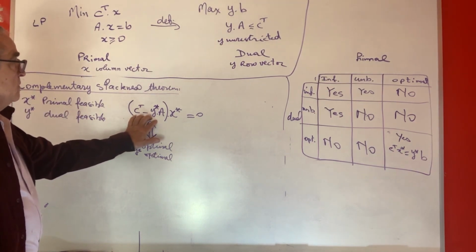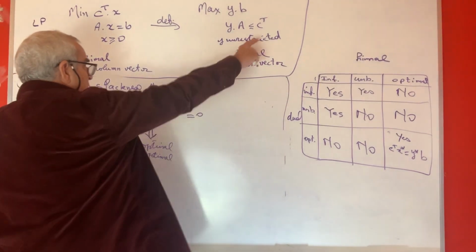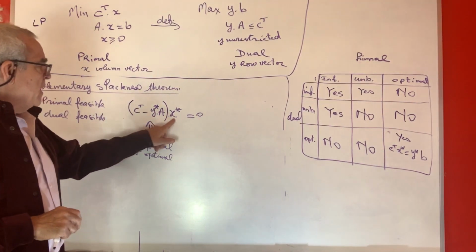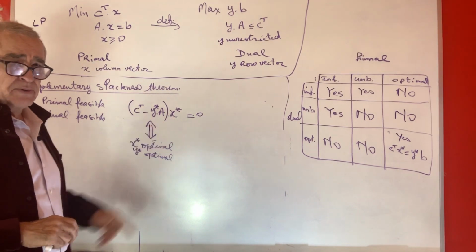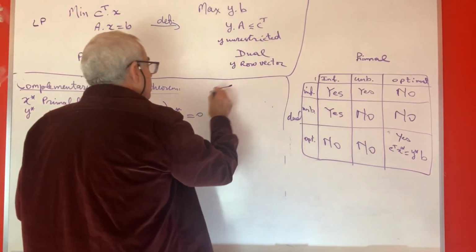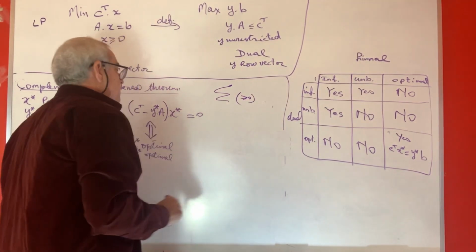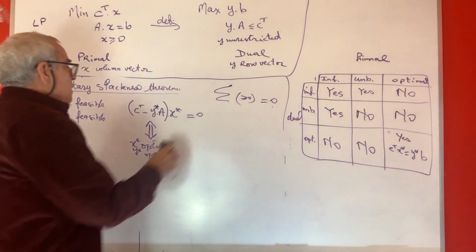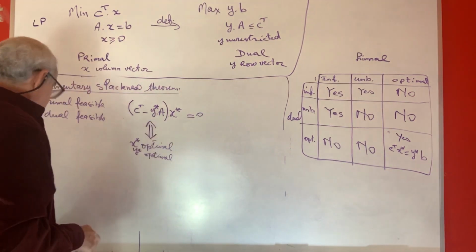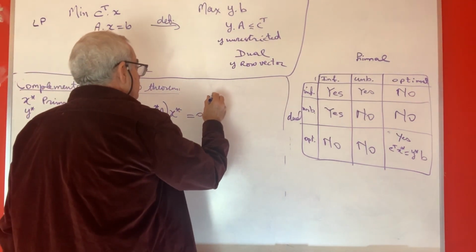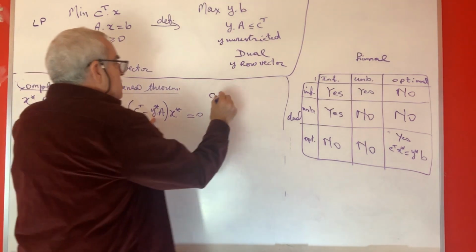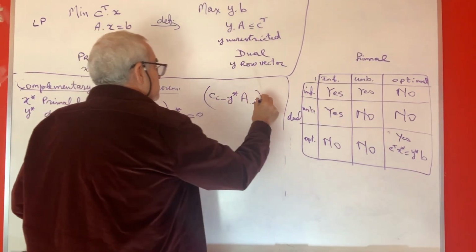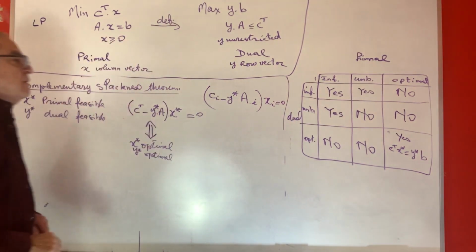So let's look at this expression here. Remember, Y A is less or equal to C, right? So this vector is greater or equal to 0. And I am multiplying it by a vector that's also greater or equal to 0. So it's a sum of numbers greater or equal to 0. And that's equal to 0. So every term is 0. In other words, if I look at the ith term, that's Ci minus Y star times A dot i, the ith column, times Xi is equal to 0 for every i.